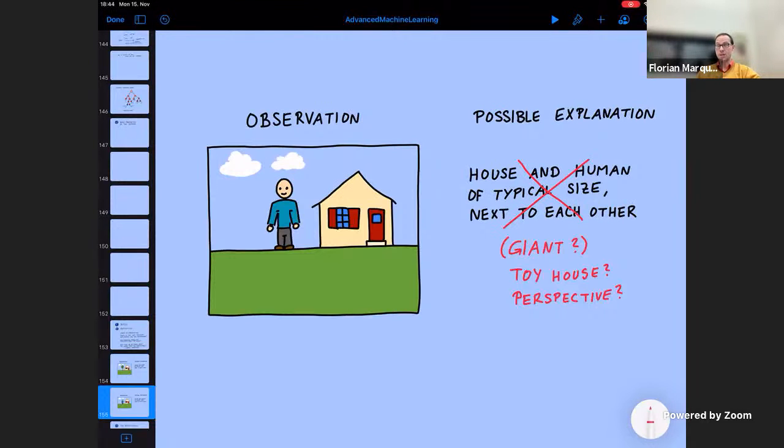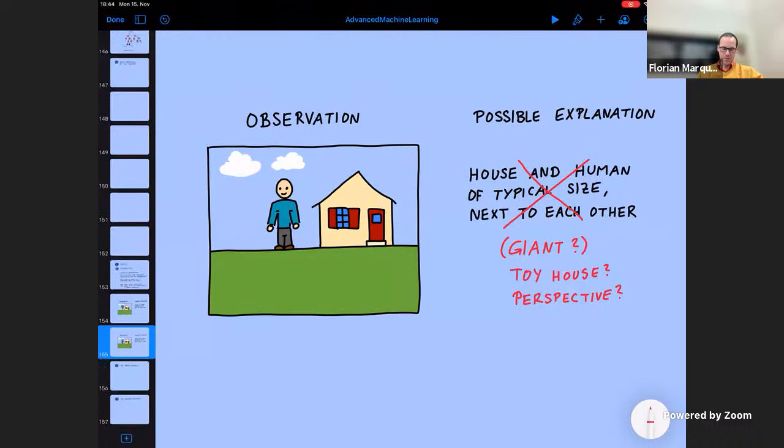How often is it a picture of a real house with a real human standing next to it? So that was one part, the intrinsic probability of these possible explanations. But then there was a second step where we say, well, given this explanation, is it compatible with the observation that we are seeing? So there were these 2 pieces.